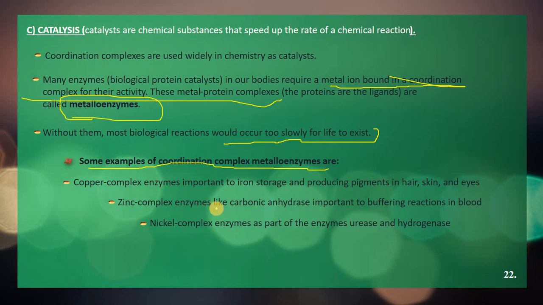Zinc complex enzyme like carbonic anhydrase is important to the buffering reaction in the body, that is in the blood. And nickel complex enzyme as part of the enzymes urease and hydrogenase. These three are examples of coordination complex metalloenzymes.